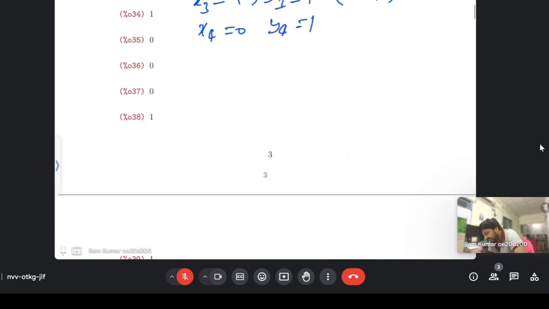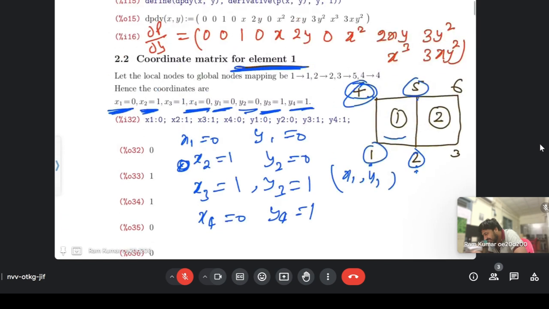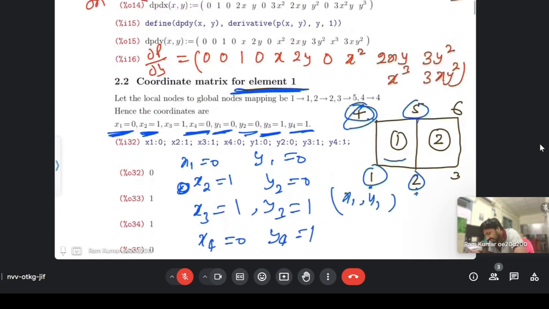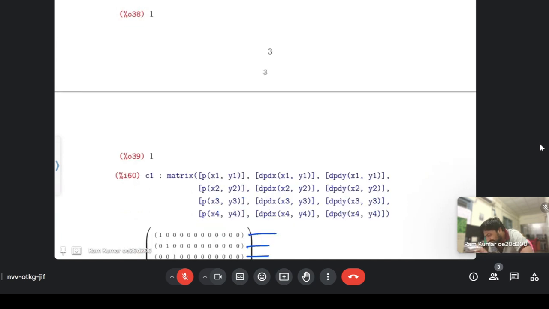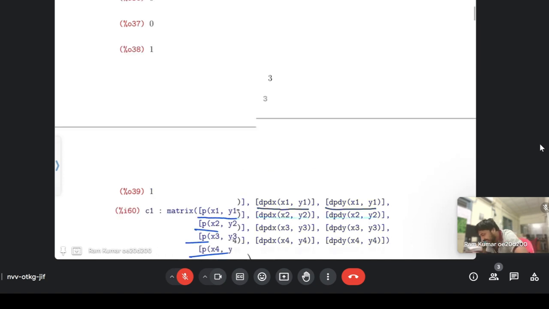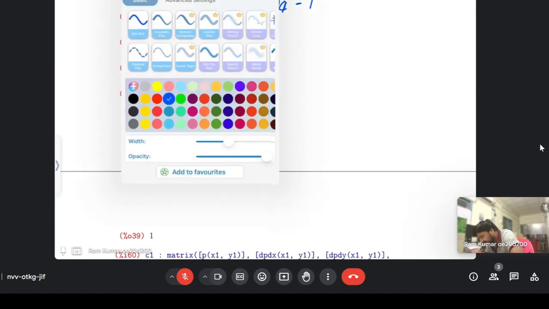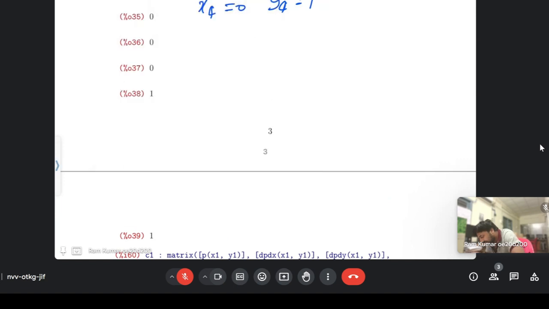C1 matrix is the matrix that contains, for example, P at x1 y1, then del P by del x at x1 y1, del P by del y at x1 y1, and similarly at x2 y2, x3 y3. I will write it like this. So C1 is the derivative of the shape function.